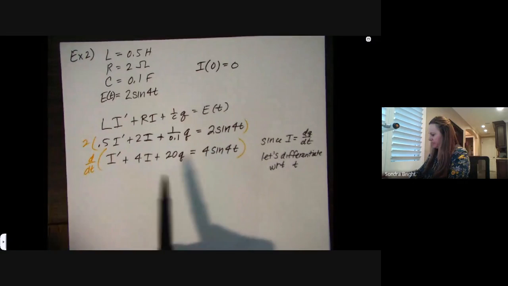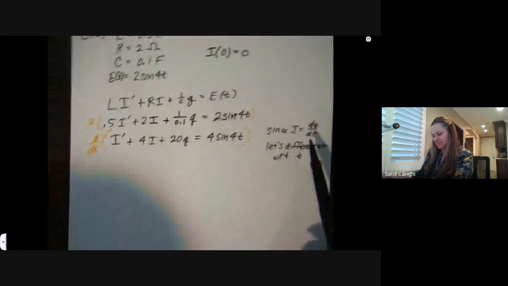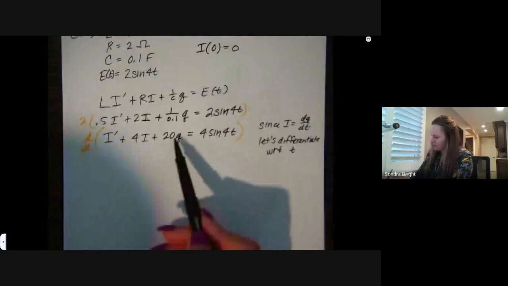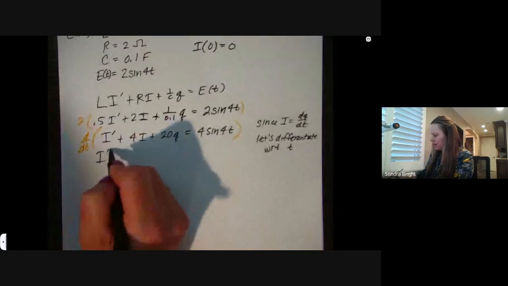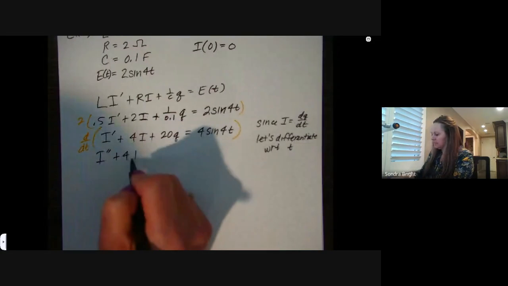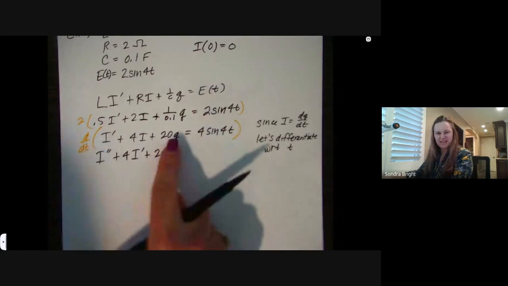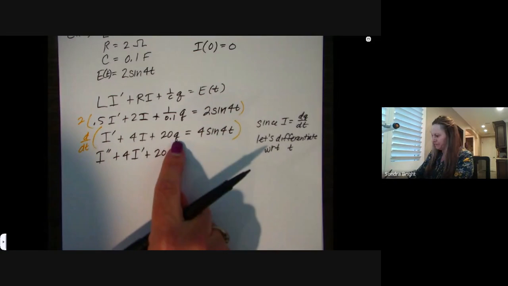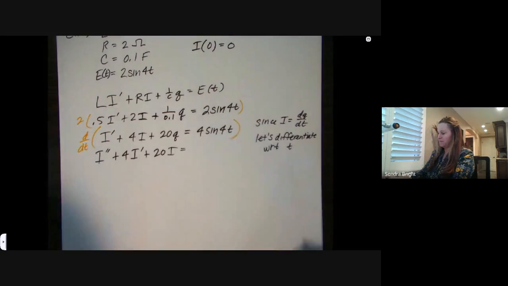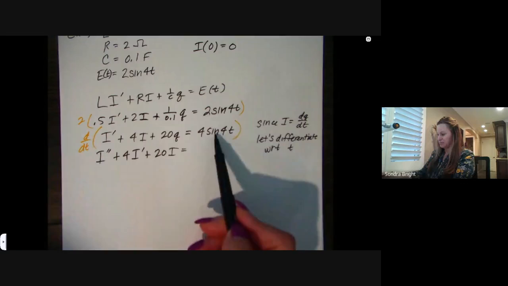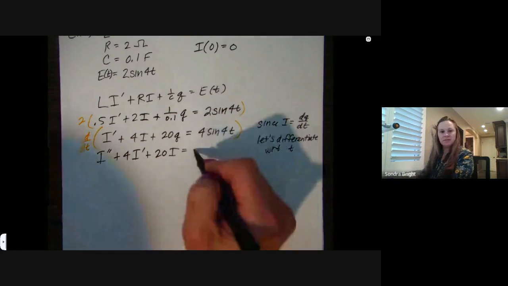So by doing this, we can get everything in terms of I's and t's and not have this extra variable in there, right? So derivative of I prime would be I double prime. Derivative of I is I prime. And then d dt of Q would be dq dt, but that's what I is. So 20I. And then the derivative of sine of 4t would be cosine of 4t, but then times 4. So you end up with a 16 times cosine of 4t due to chain rule.